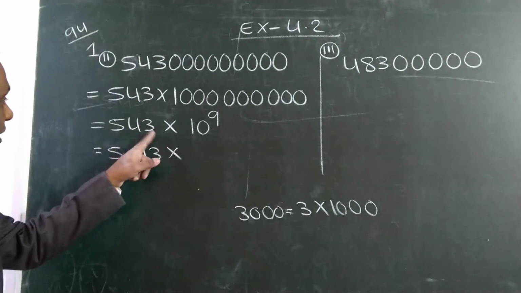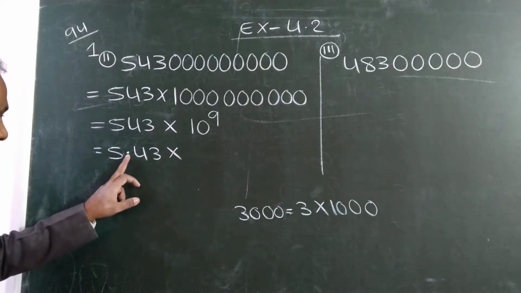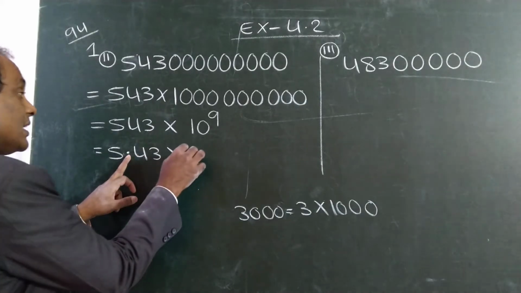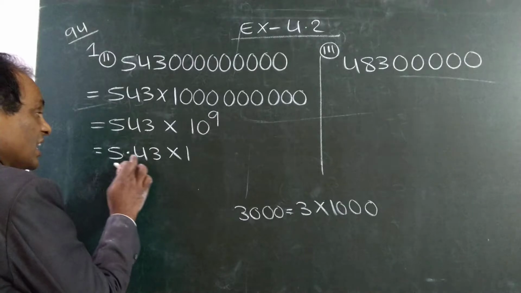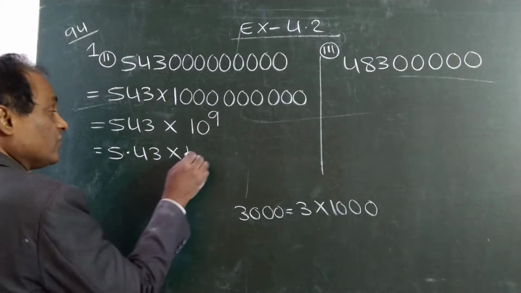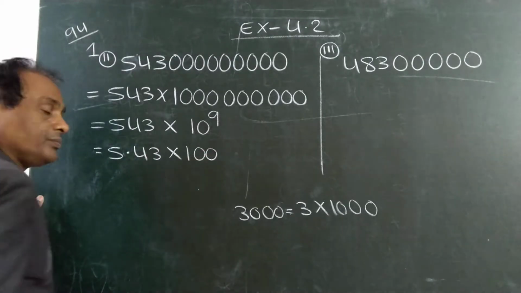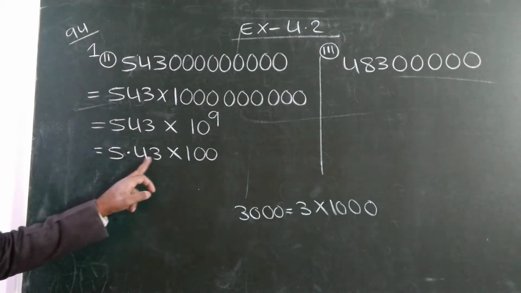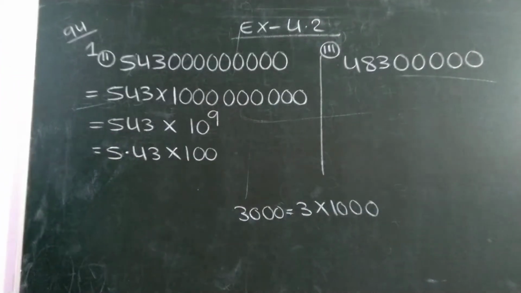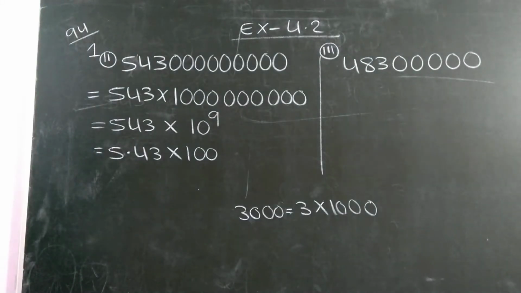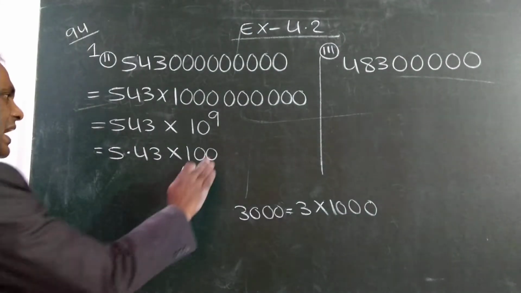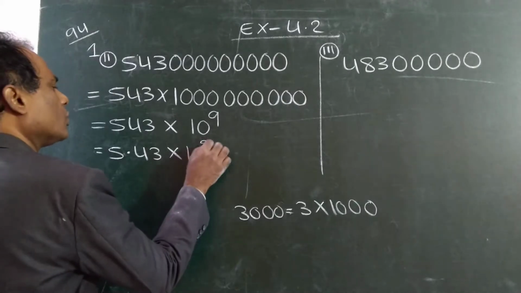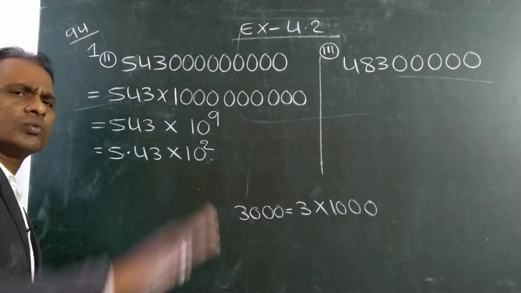If 543 is written as 5.43, keeping the decimal, then multiply with, after the decimal, how many digits? 2 digits, so 2 zeros. Or directly you can write 10 power 2: 2 digits, 10 power 2.